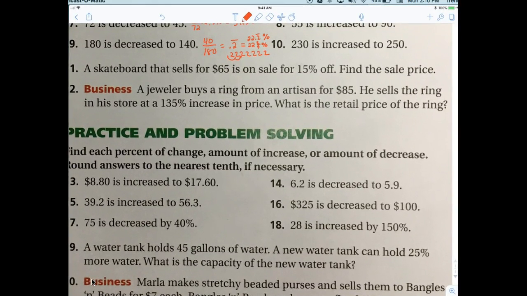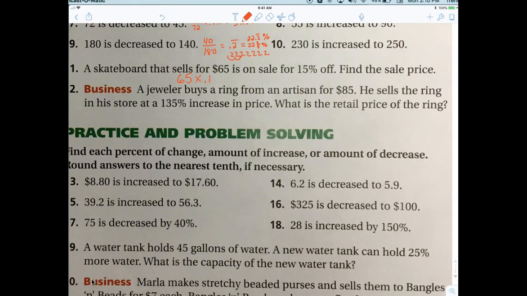So when you walk into a store and you see a skateboard for $65 and they say it's 15% off, how do I figure out what I'm going to have to pay? I want to hear your explanation. 65 times 0.15. Good job.